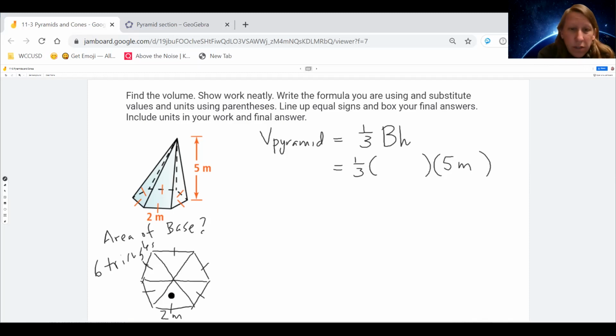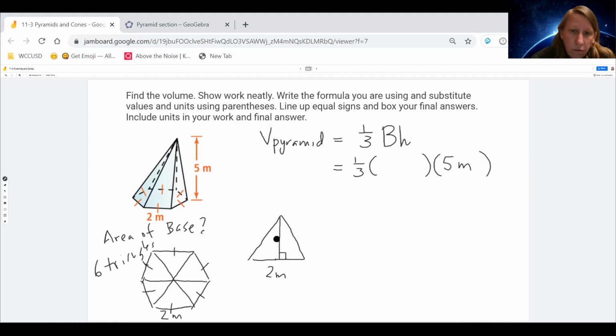But now I need to focus in on that triangle. So what do we know about that triangle? We know it has a base of 2. Can we find the height of the triangle? I don't know, but we're going to need it if we want to find it.